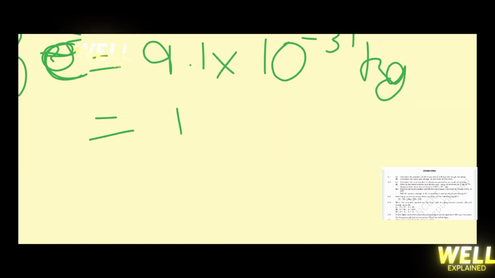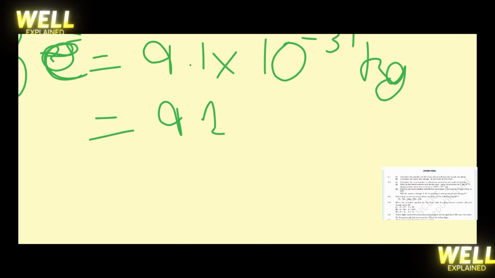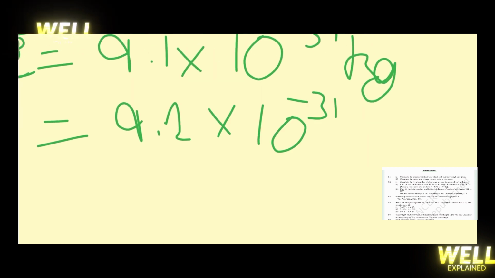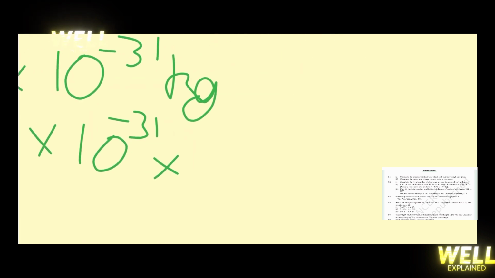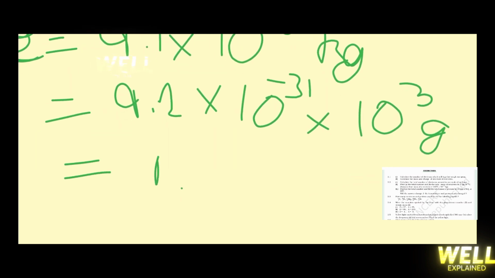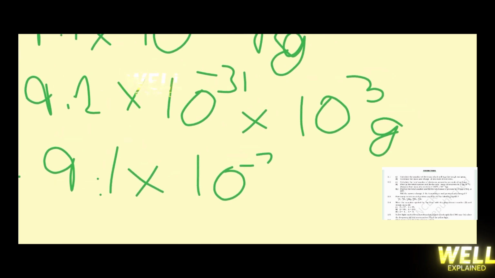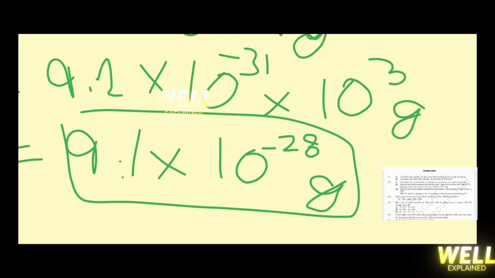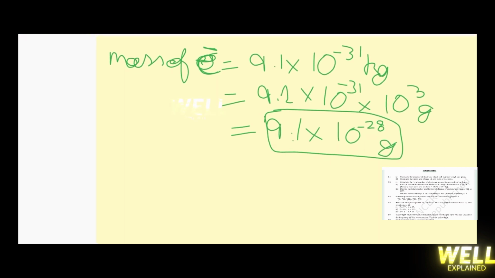I am converting it to gram because I have to find the number of electrons in 1 gram. In 1 kg I have 10 to the power 3 gram, so it equals 9.1 into 10 to the power minus 28 gram. This is the weight of 1 electron.